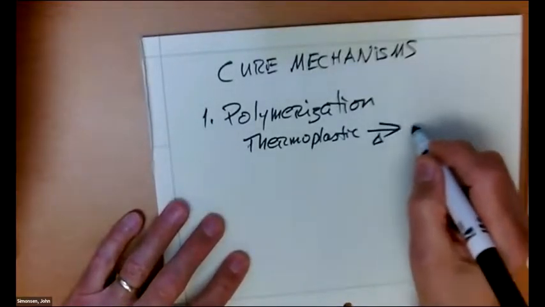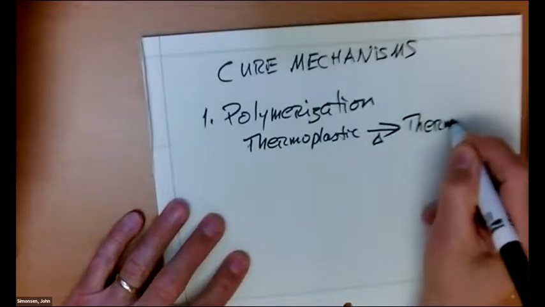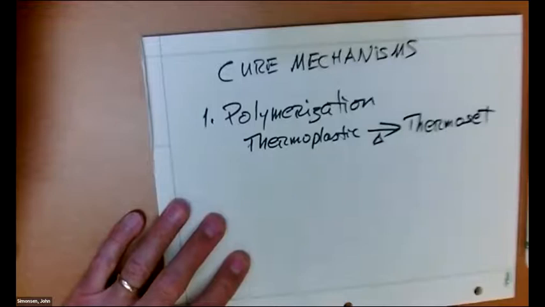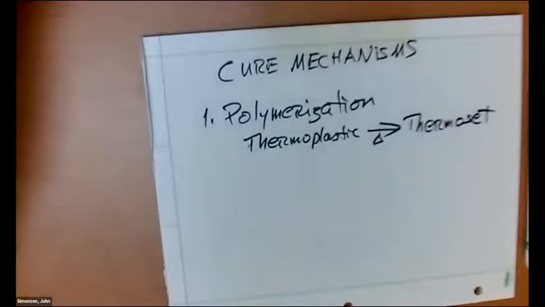But you go through some kind of reaction and you make a thermoset, and that locks it down. So you have a polymer that can have a low molecular weight, and then you undergo a chemical reaction, and it increases the molecular weight and goes from thermoplastic to a thermoset. When you go from thermoplastic to thermoset, you increase the molecular weight, because you're just making a bigger molecule. So polymerization is the first cure mechanism and the one that we use in wood adhesives.